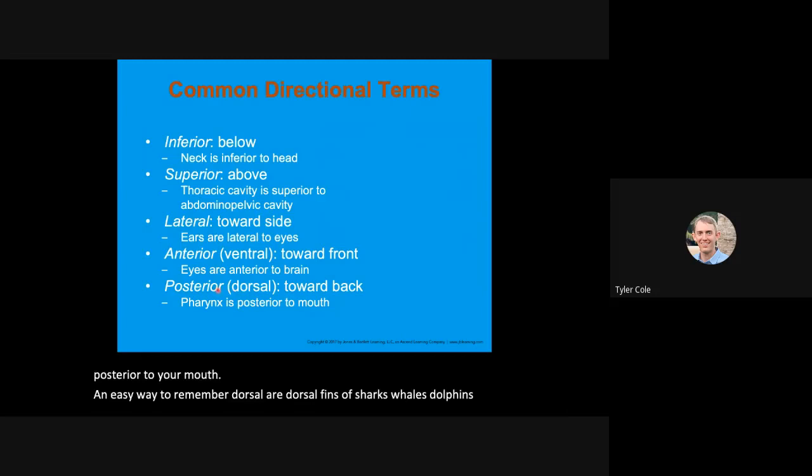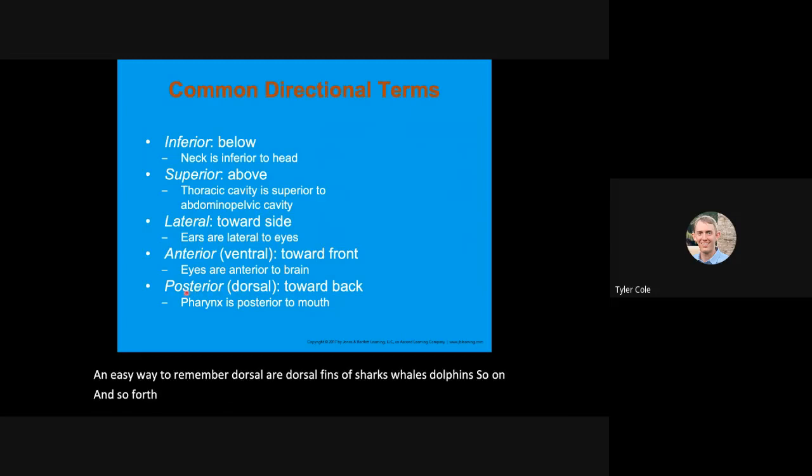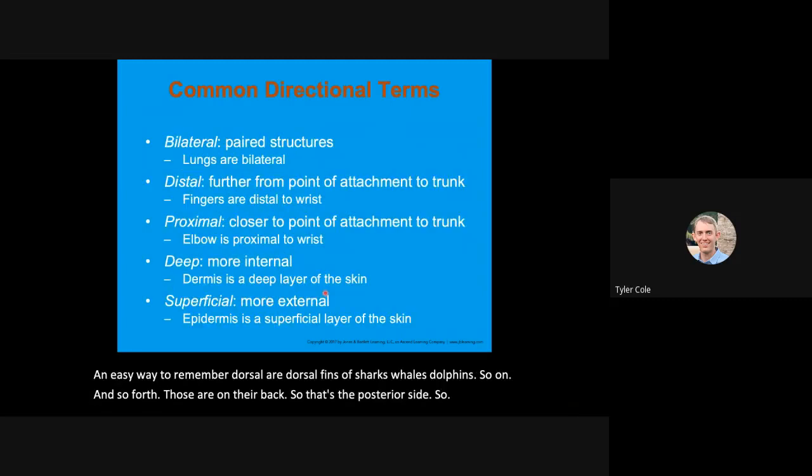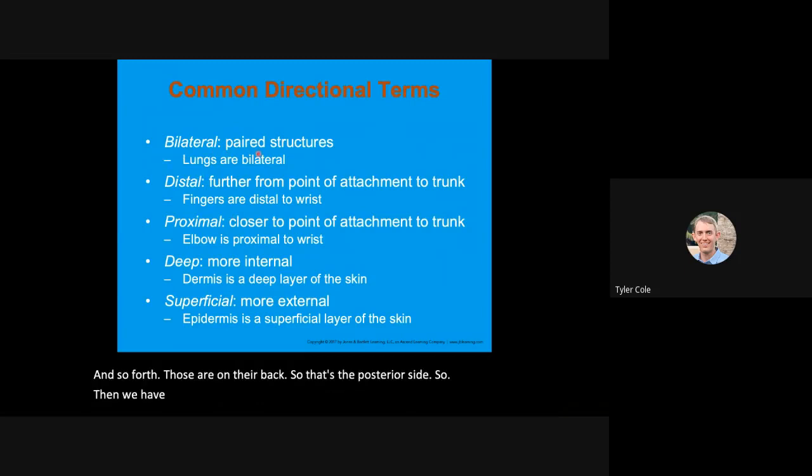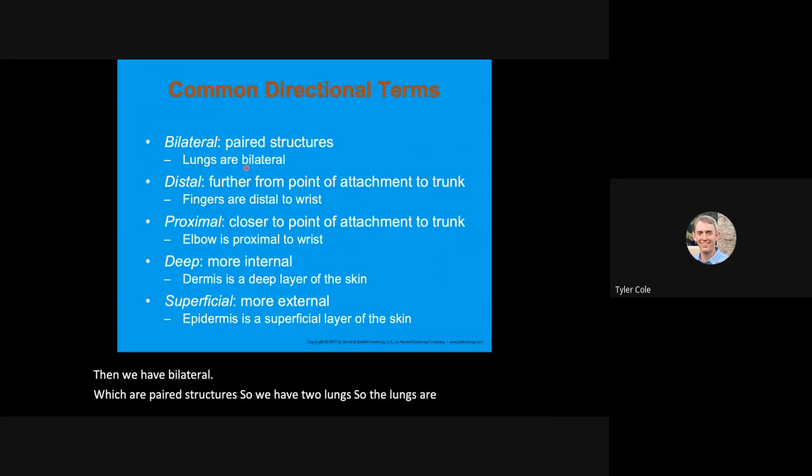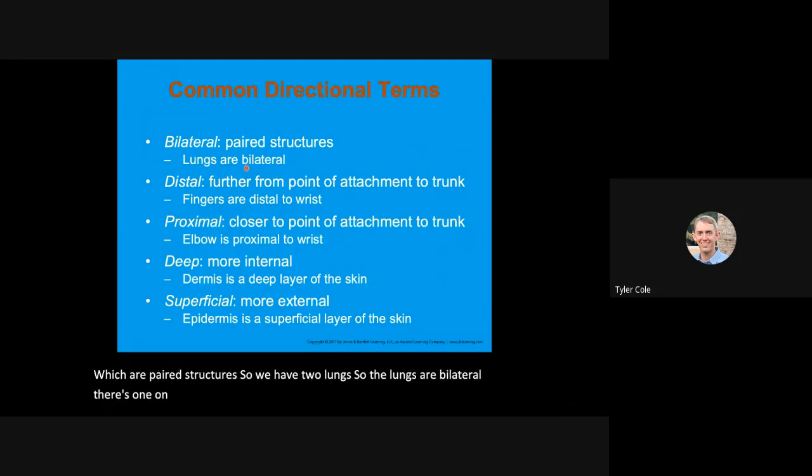Those are on their back, so that's the posterior side. Then we have bilateral, which are paired structures. We have two lungs, so the lungs are bilateral. There's one on each side. We have two arms, so we have bilateral arms.